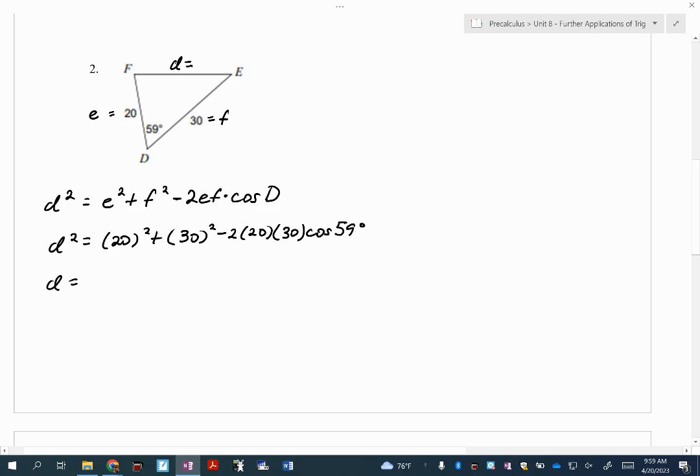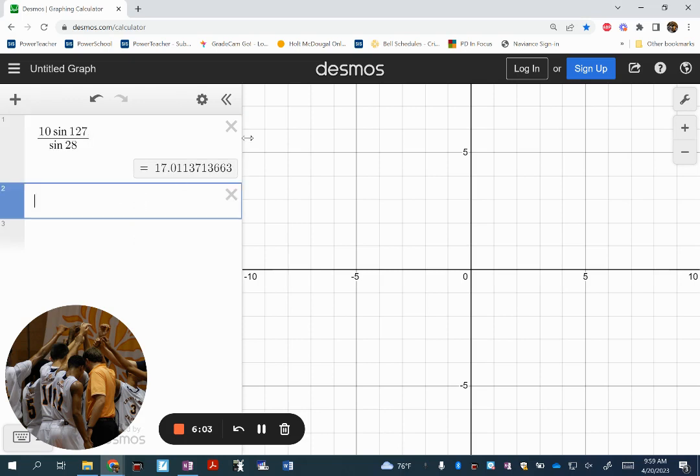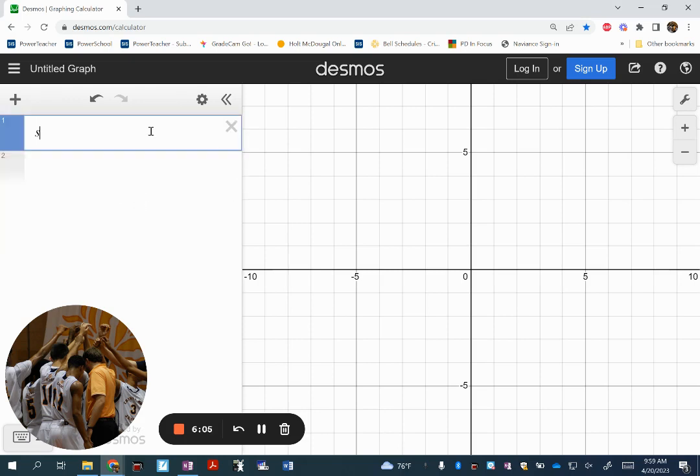Now, when I type this in, I know I'm not showing my work here, but don't forget to do the square root of all of that. Because if you don't do the square root, then you'll just get D squared, and we want letter D. So I want to do SQRT first, and then type in all this stuff.